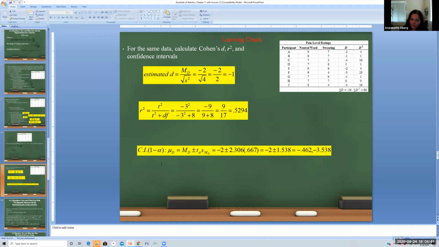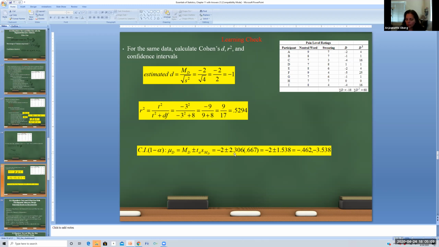For my confidence interval, again, I'm looking at a 95% confidence interval, so 1 minus your alpha level. You're looking at your mean difference plus your t times your standard error, and then minus. So I do it twice.